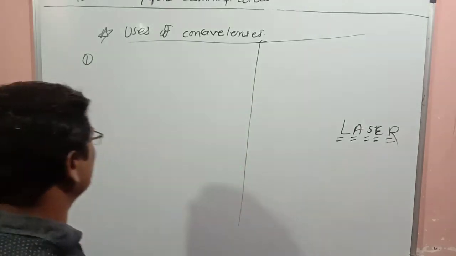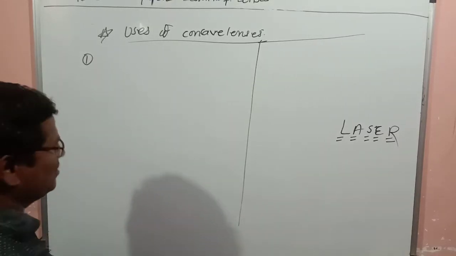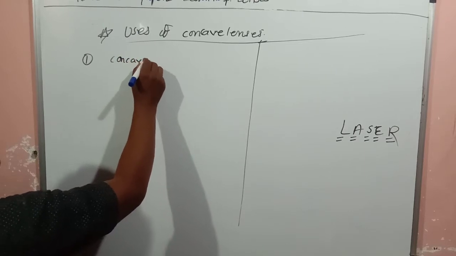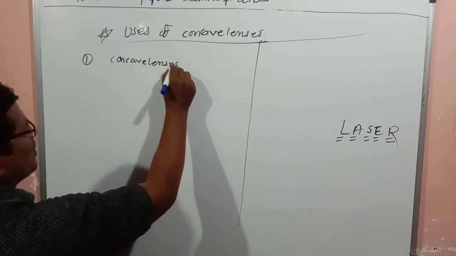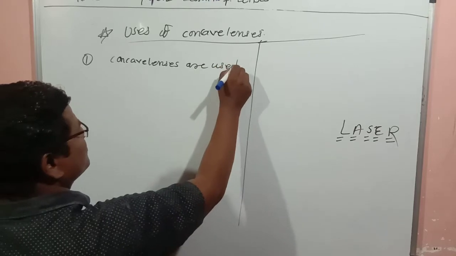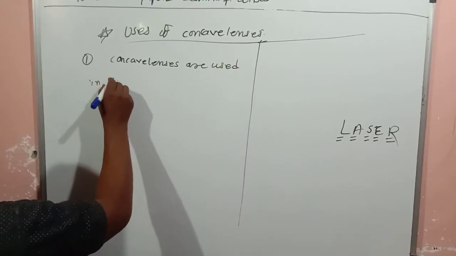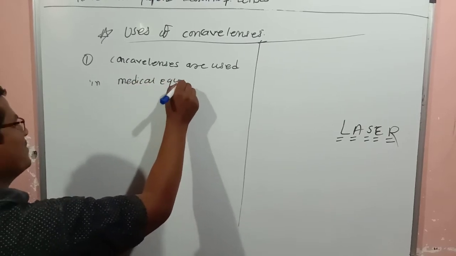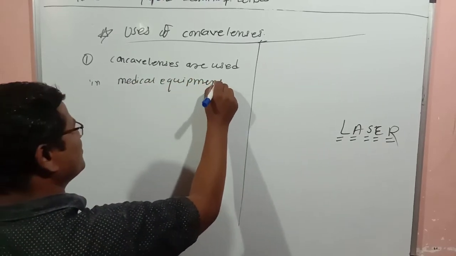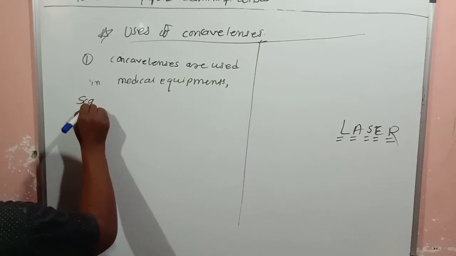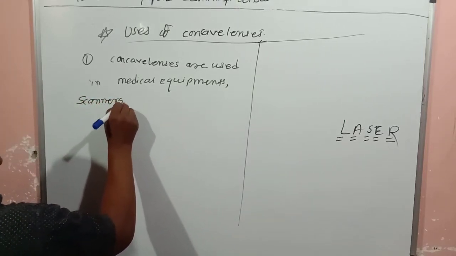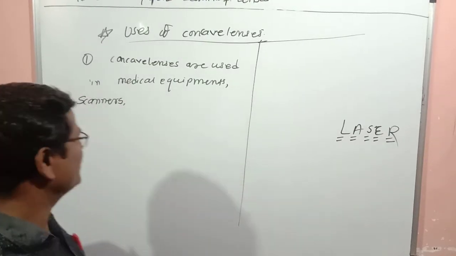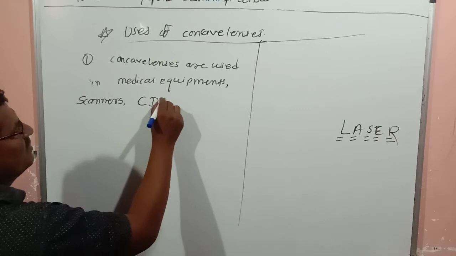So we'll write what are the uses of concave lenses. First point: concave lenses are used in medical equipments, scanners, and CD players.